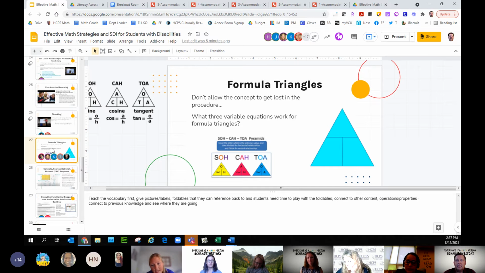It's important to give them time to play with them. And then definitely make connections to other content. I guess chunking goes with this too. Talk about what the operations mean and the properties, why the triangles work. Make sure you make connections to previous knowledge as well as connections to where you're going with this knowledge.